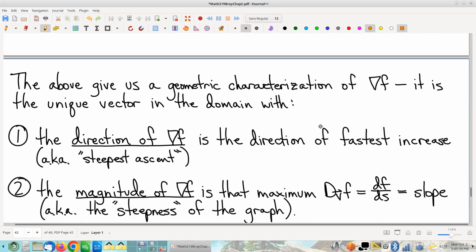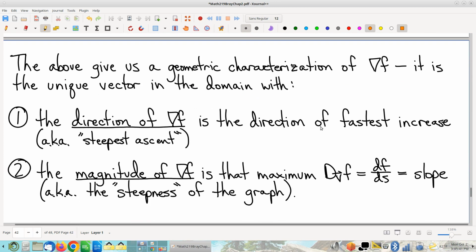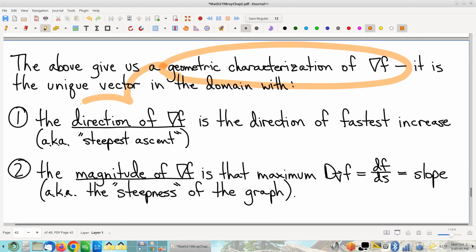So I like to summarize that as follows. This is what I call a geometric characterization of the gradient. The gradient is the unique vector whose direction and magnitude are the answers to these natural questions. The direction is the direction of fastest increase. The magnitude is the rate of change in that direction.